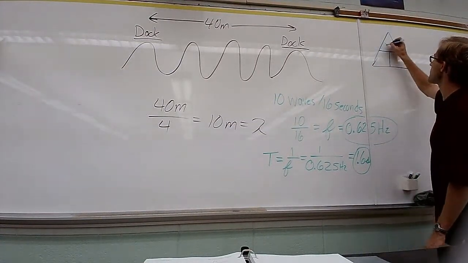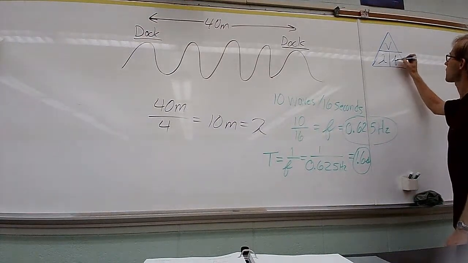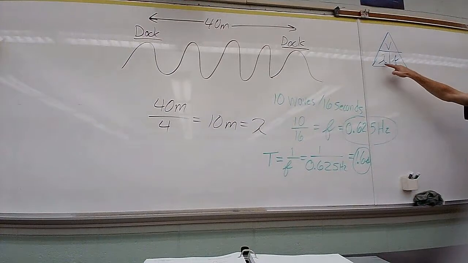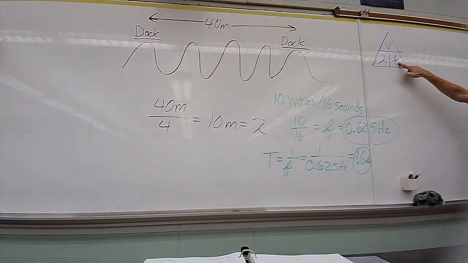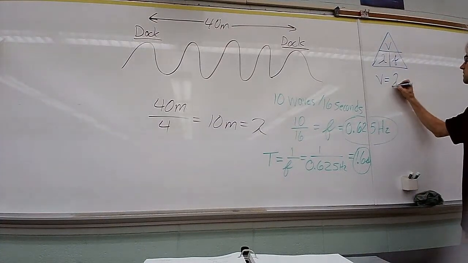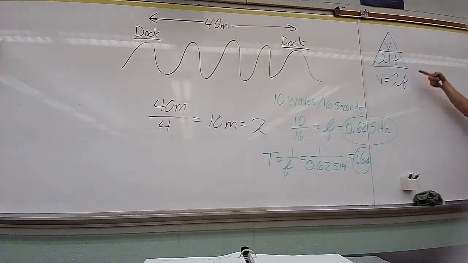Wave speed is V, and the equation looks like this. Wave speed V is equal to wavelength times frequency. On your formula sheet, it just looks like this. I don't know how you prefer to see these equations, but this is the same equation.